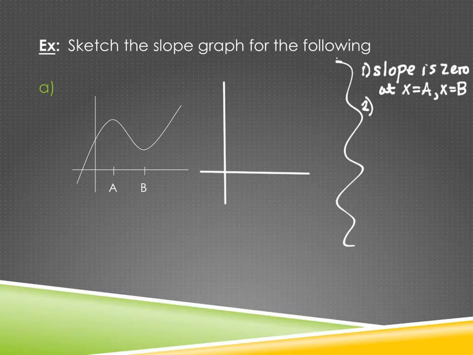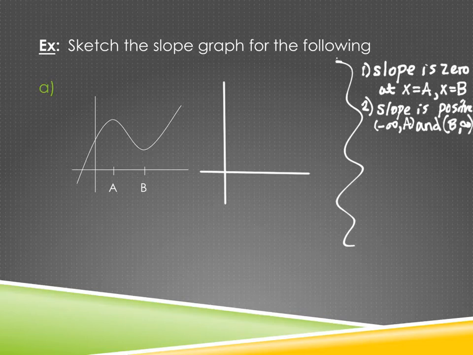Positive and negative. So the slope is positive from negative infinity to A and from B to infinity.